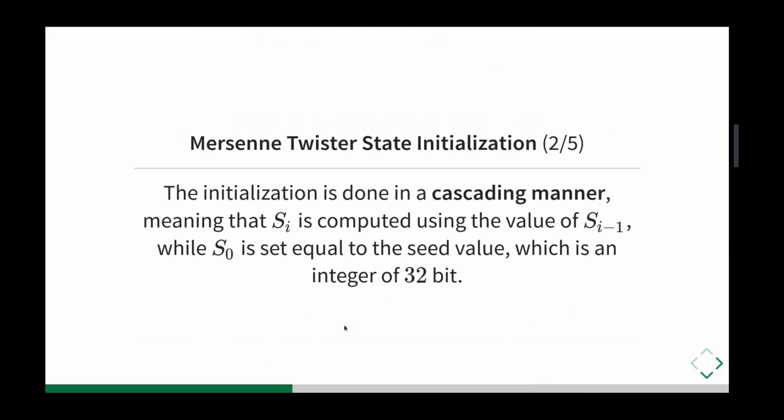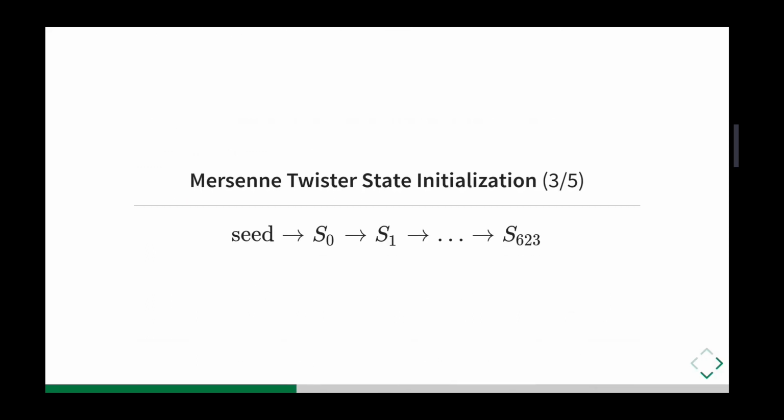Now, the initialization is done in a cascading manner, meaning that the state value S of i is computed using the previous value S of i minus 1, while the first one, S of 0, is set equal to the seed value. So we start with the seed value, and then we go to S1, S2, S3, S4, until S623. This is the way it proceeds.